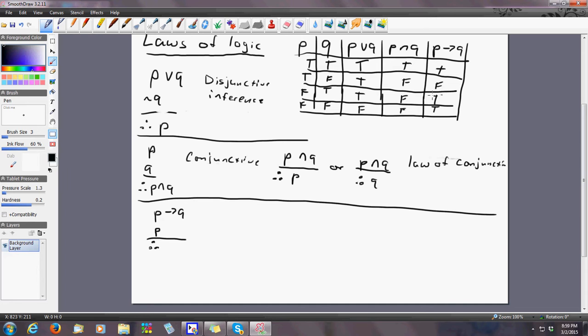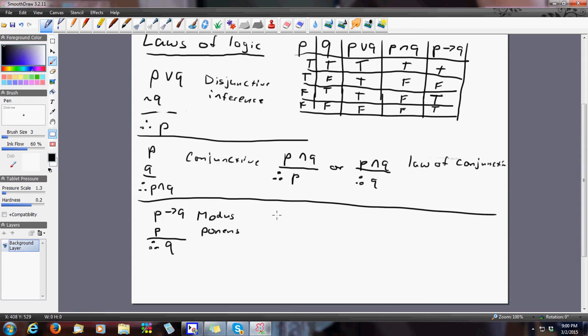If P is true, then Q must be true, because if Q is false, then it would be false. So, then Q, and that is modus ponens, which, according to Wikipedia, means the mode that affirms.